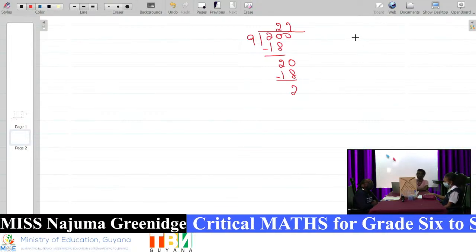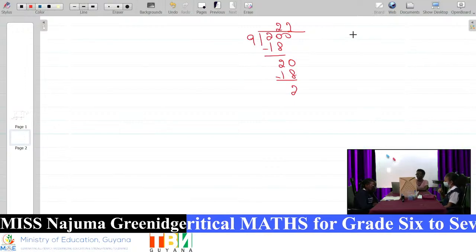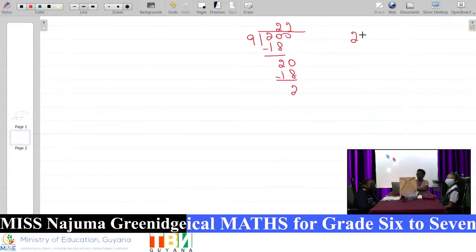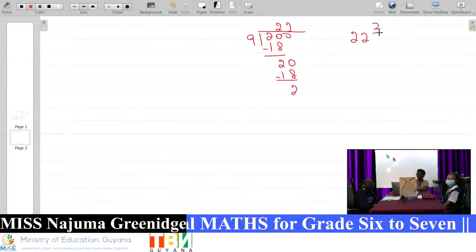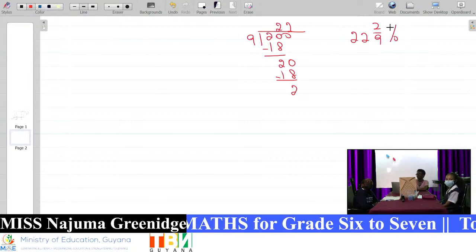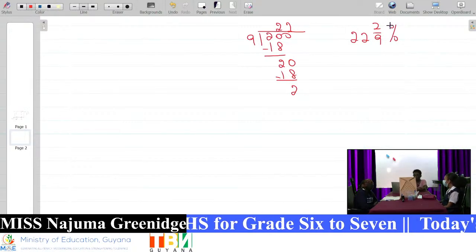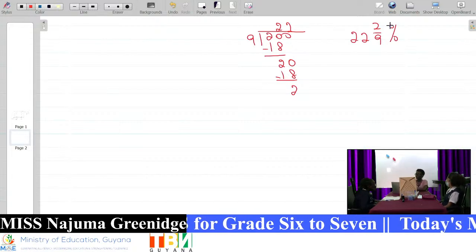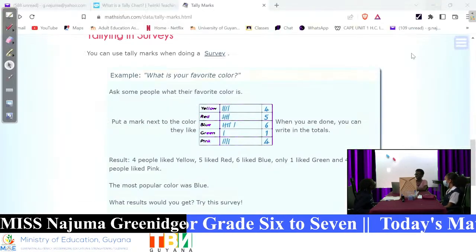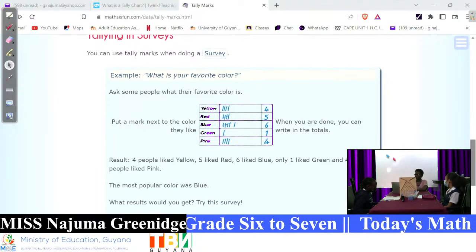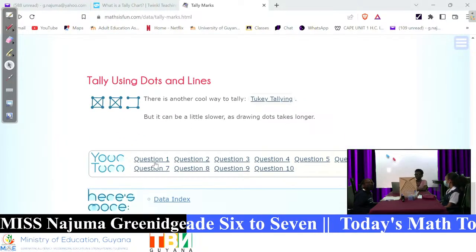So in terms of a fraction, it can be 22 and 2 over 9%, if you don't want to do the decimal aspect of it. Good? Any questions? Alright, let's see if we have some questions here on tally that we can answer as well.